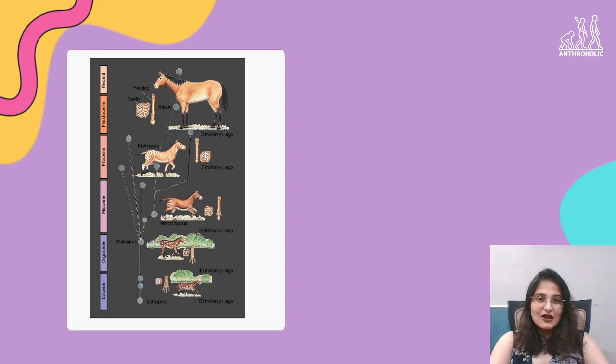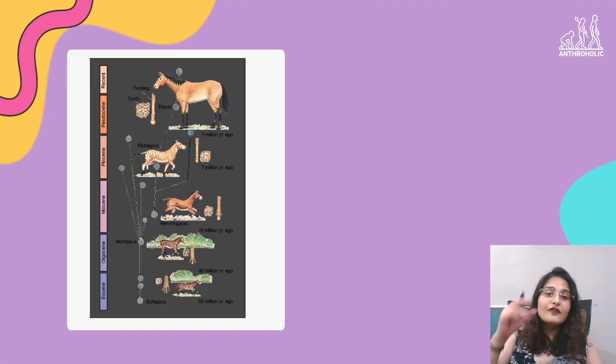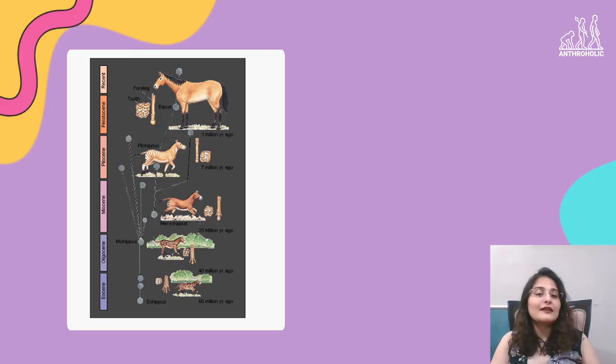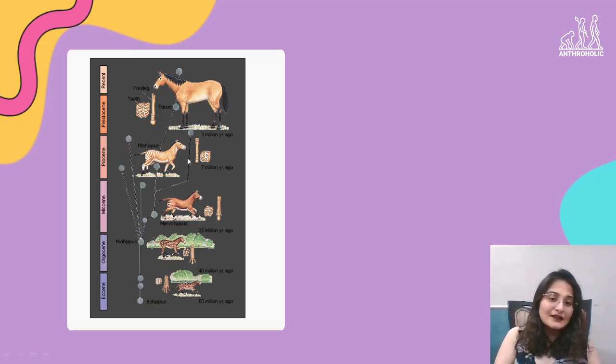Like an example, you can see the horse started off 60 million years ago with a very small size comparatively, much smaller, like a dog size, you can say, approximately. From there it has evolved to the horse, the size we see right now, with limbs much longer than the previous ones, right? You can see how in the 60 million years ago to 3 million years ago, the change has happened.